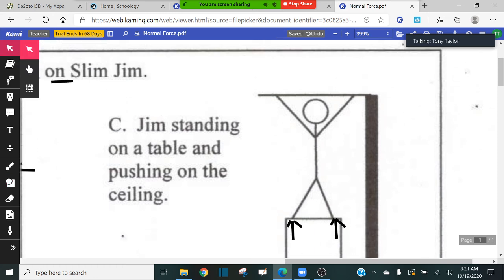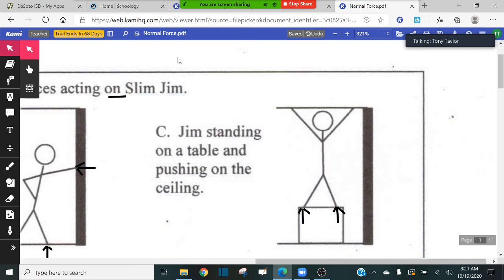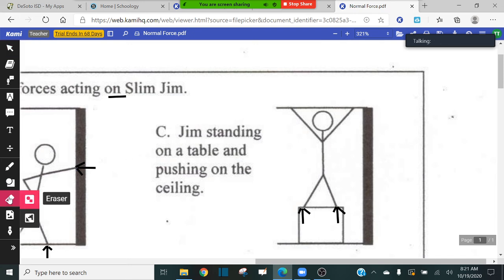Now, guys, let me ask you a question here. What about the normal forces acting on Jim here? Notice how Jim is pushing on the ceiling. So what are all the normal forces acting on Jim here? He's in contact with the ceiling. He's touching the ceiling. The normal force is a contact force. What do the arrows point here?